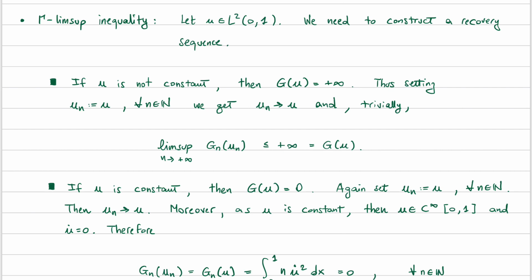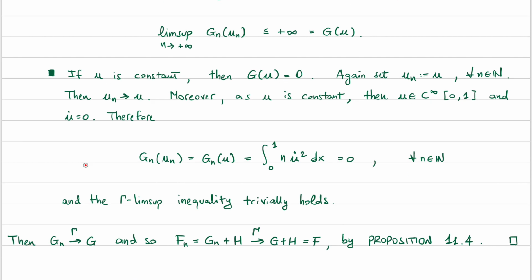And also trivially, you have that the limsup of G_n(u_n), whatever it is, must be less or equal than plus infinity, which is equal to G(u). So basically, this is telling you that if u is not constant, then a constant recovery sequence does the trick. So it is a recovery sequence.